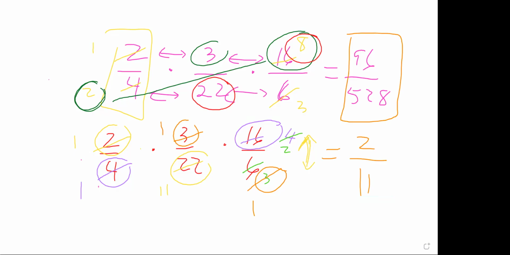And you can see it if you decide to use 48 to divide between these. 96 divided by 48 is 2. 528 divided by 48 should give you 11. And that's it.